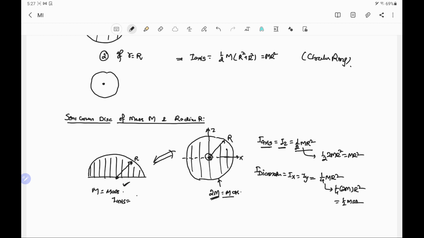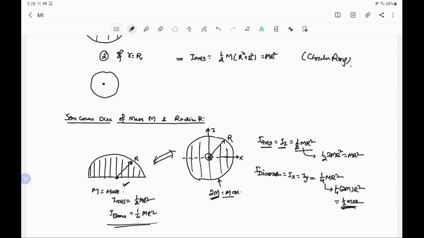That means it is 1/2 mR². Similarly, the moment of inertia about the diameter of the semicircular disk is half of the full circular disk. That means it will be 1/4 mR². So this result we have to remember, and it is helpful to solve many problems.